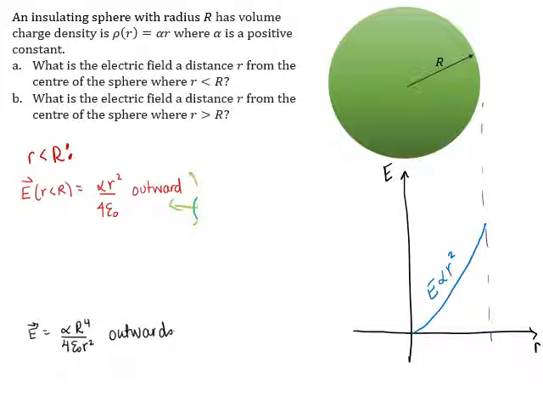When we're at the radius, if r equals R, then what we can do is just plug R in here. So little r equals big R. Or in this equation, we can plug in little r equals big R. And what we get is the same in both cases. E is equal to alpha times R squared over 4 epsilon naught. That's going to be our maximum value of electric field.